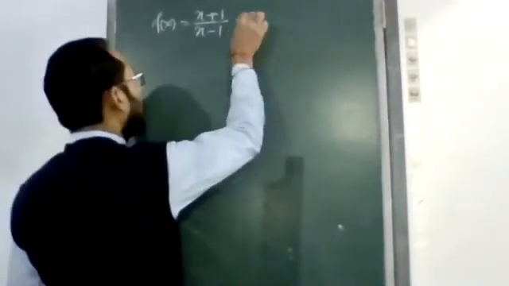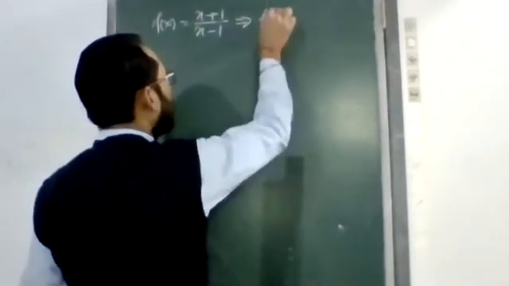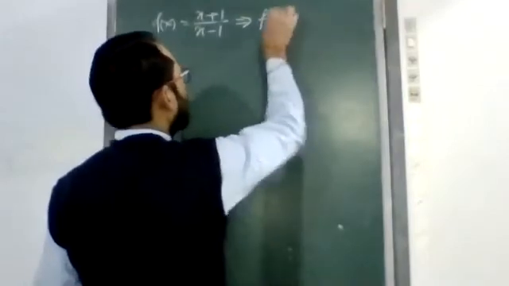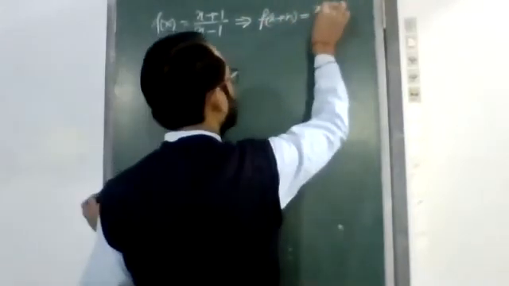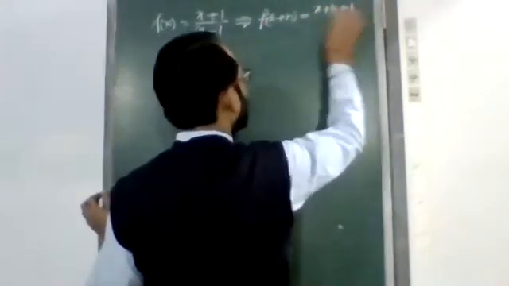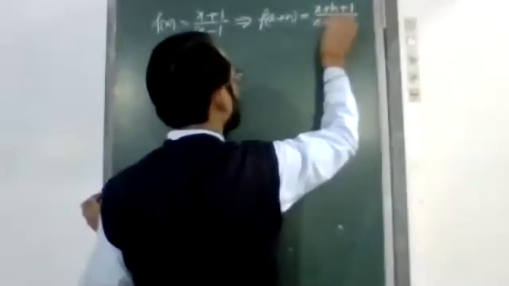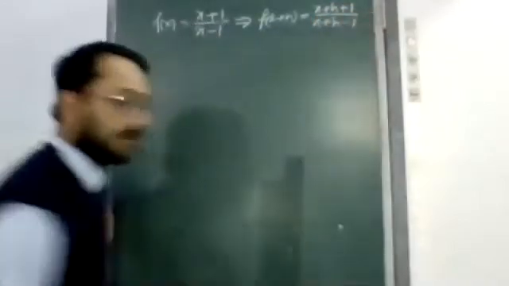Then what could we do? It implies the value of f(x plus h) is equal to (x plus h plus 1) upon (x plus h minus 1). So this will be the condition.